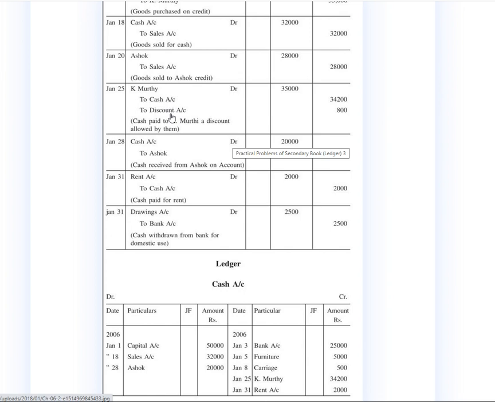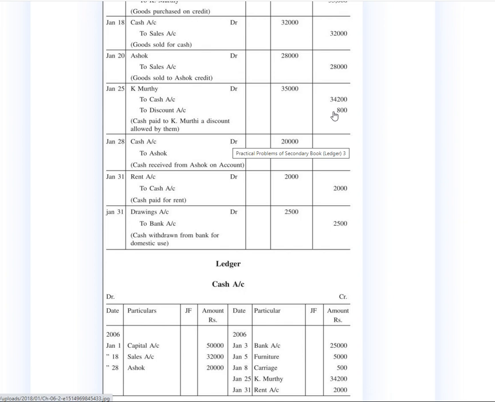Discount is a form of income or revenue, so you are crediting it. Here cash is reducing, because of that you are crediting cash. Discount you are crediting because it is a form of income or revenue to your business. When revenue or income is increasing in your business, you have to credit that item, as per the dealer concept.